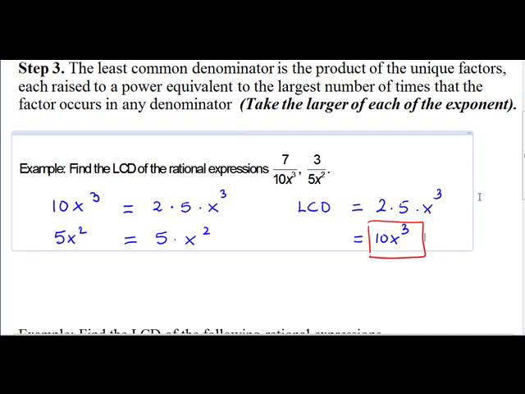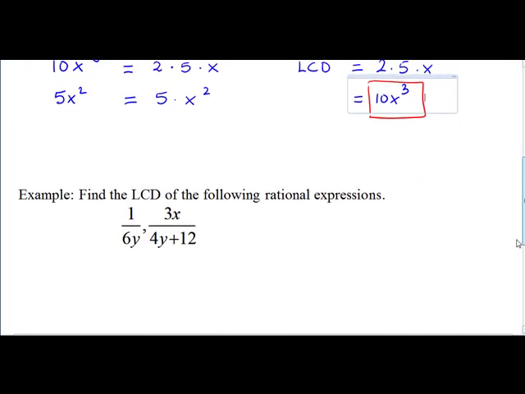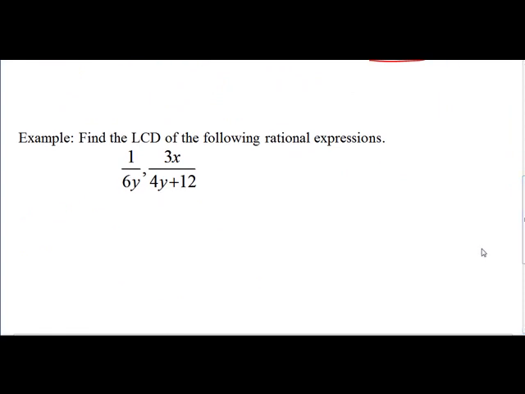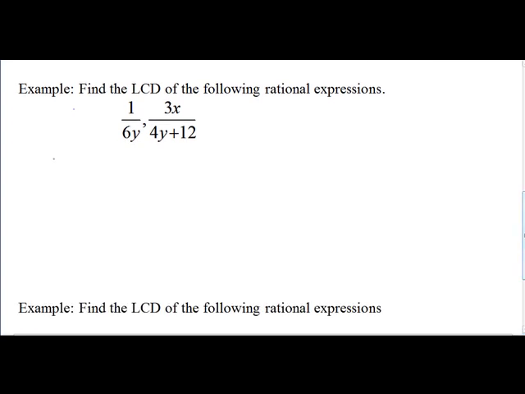Let's try another example. Same steps. First step, I list the first denominator and factor it out: 6 is composed of 2 times 3, times y. And then you have 4y plus 12.